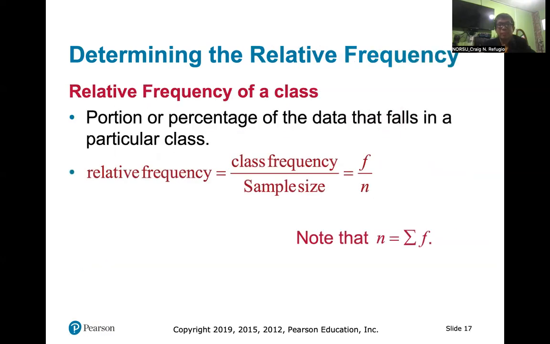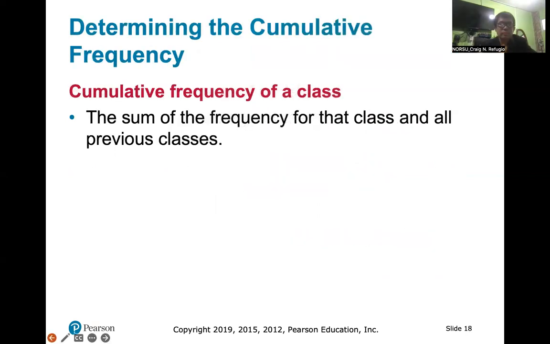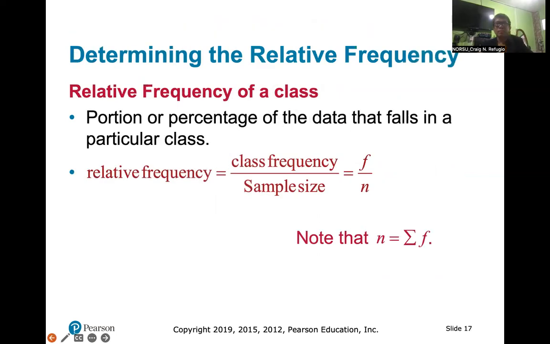Then the relative frequency of a class. The relative frequency of the class is the portion or percentage of the data that falls in a particular class. Relative frequency is equal to class frequency divided by sample size, which is small letter f divided by small letter n. Note that small letter n is equal to the summation of the frequencies.